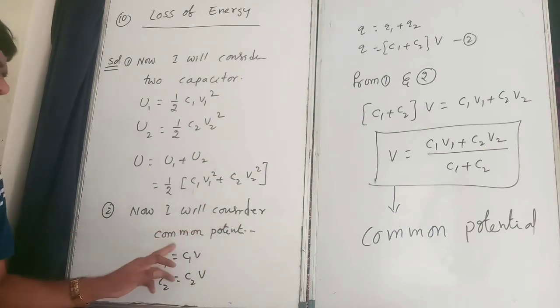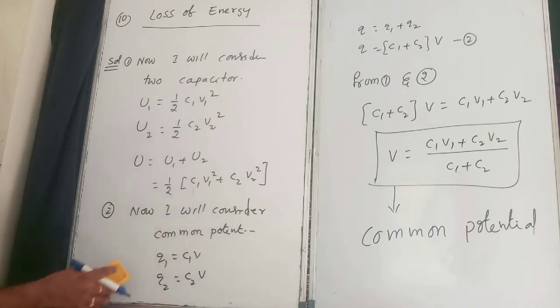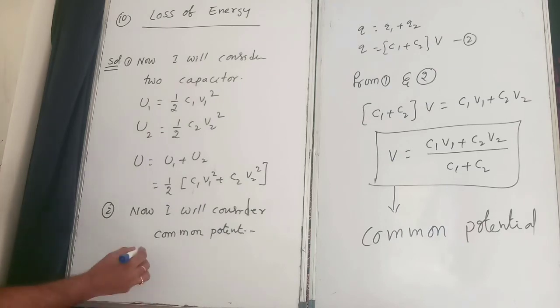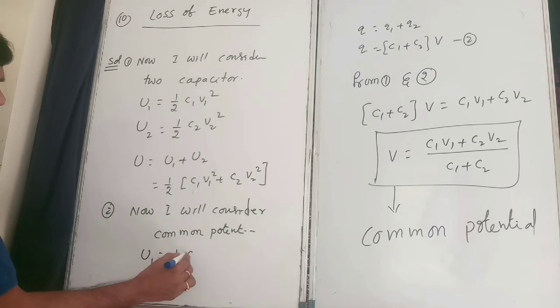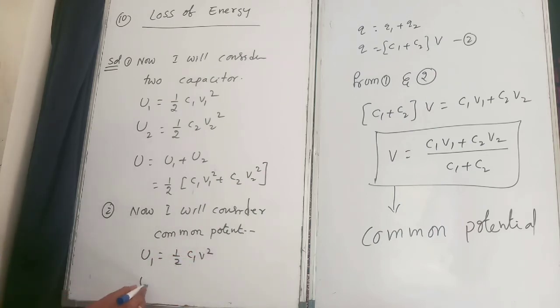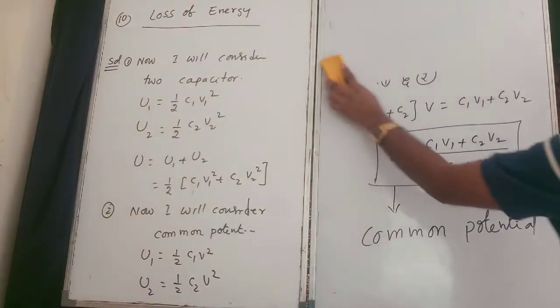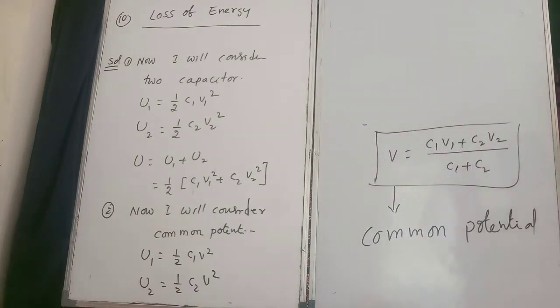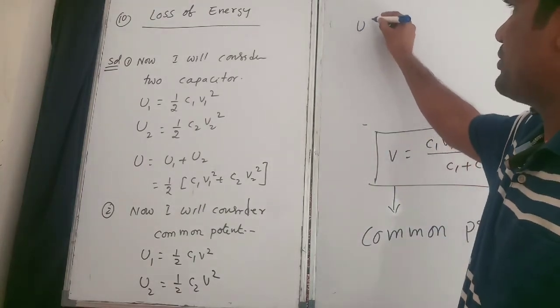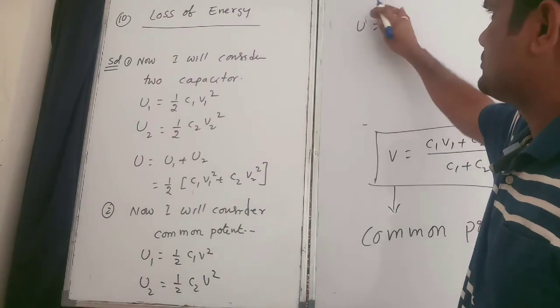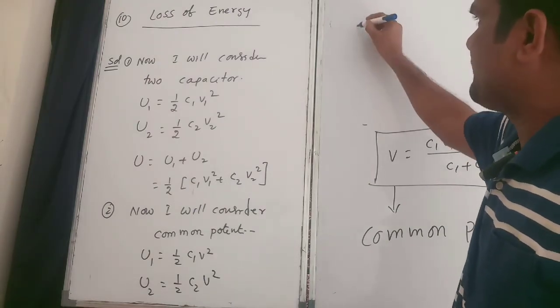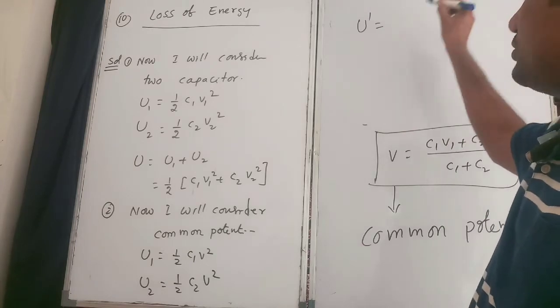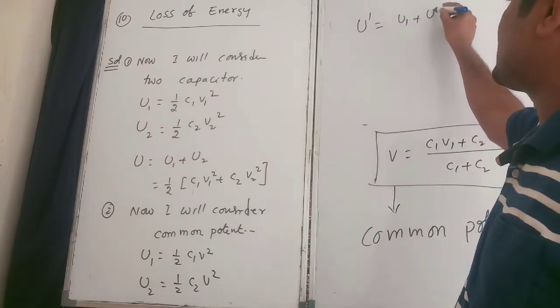Now I will consider the common potential concept. So U1 is equal to 1 by 2 C1 V square. U2 is equal to 1 by 2 C2 V square. Therefore total potential energy U dash is equal to U1 plus U2.